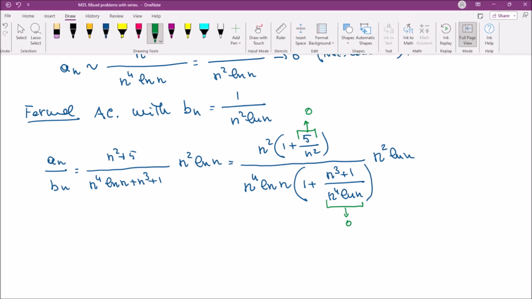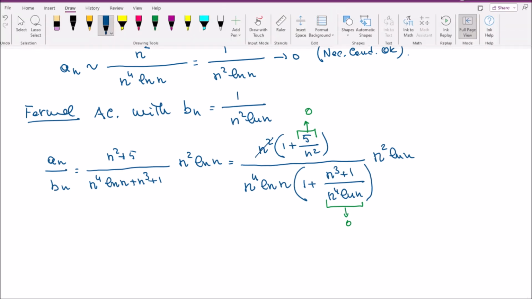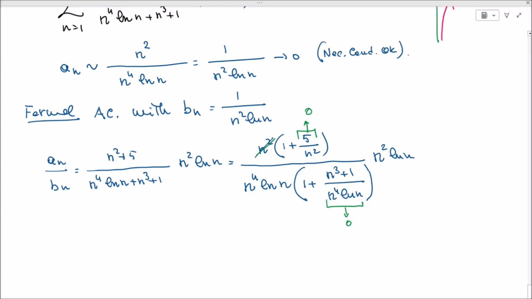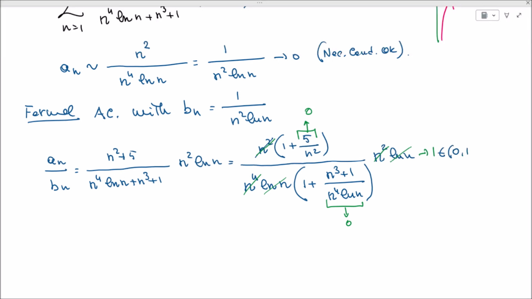So this is now something that will tend to what? Let me write it down here. This will be equivalent, as n goes to infinity, to... well, we can immediately see that n squared and n to the fourth will simplify, and logarithm of n and logarithm of n will simplify, so this will tend to 1, but 1 belongs to the interval 0 to plus infinity.